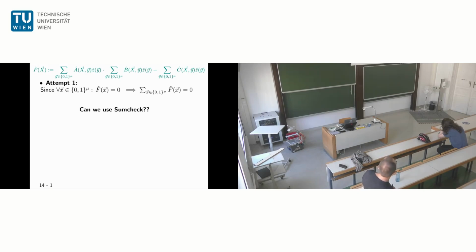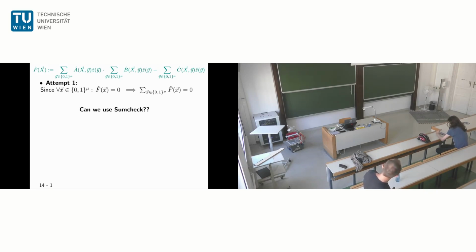So let's do our first attempt. Now we know by design that this polynomial was 0 over the hypercube. So this implies immediately that if we sum over the hypercube, we get 0. Make sense? If it's 0 everywhere, if we sum over zeros everywhere, we get, again, 0.